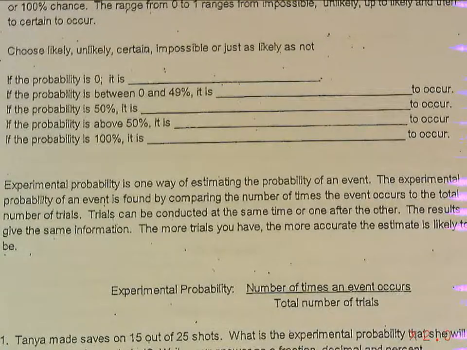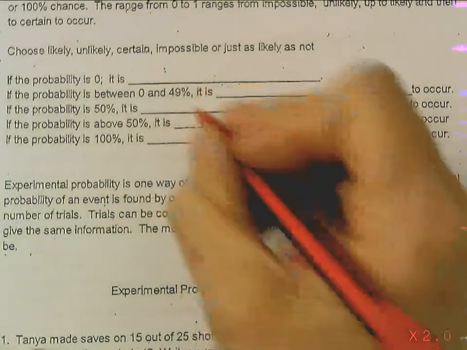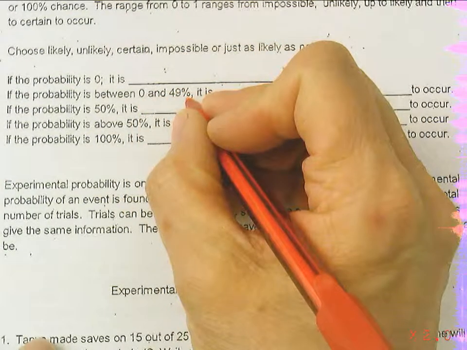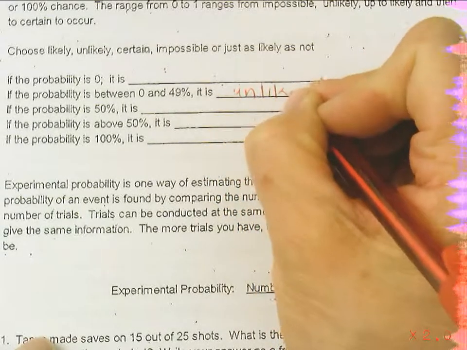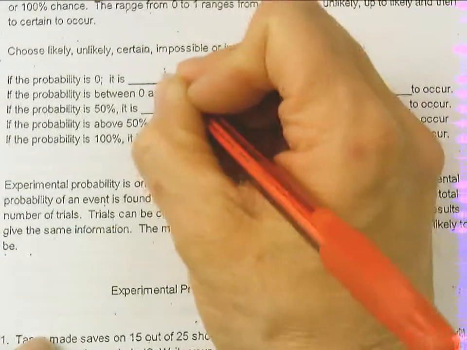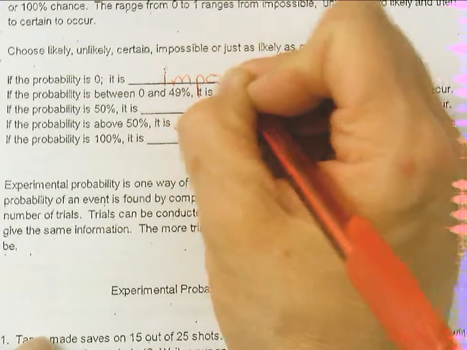So you fill in impossible there. And if the probability is in between 0 and 49%, then it is unlikely. This was impossible.